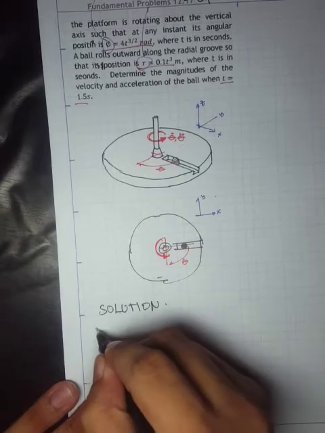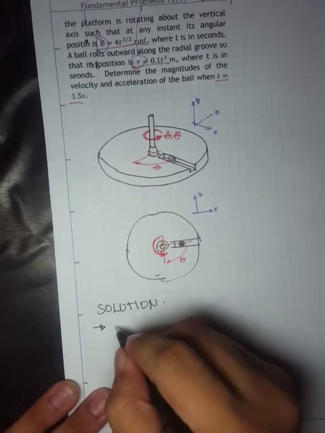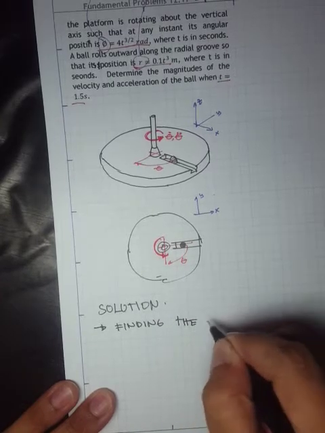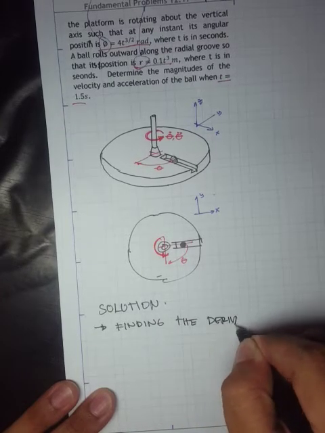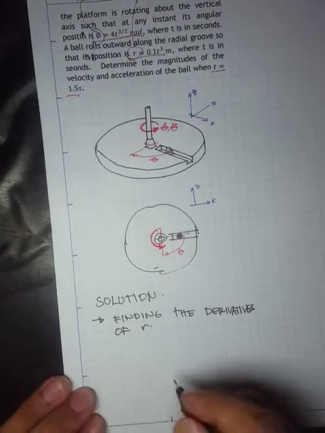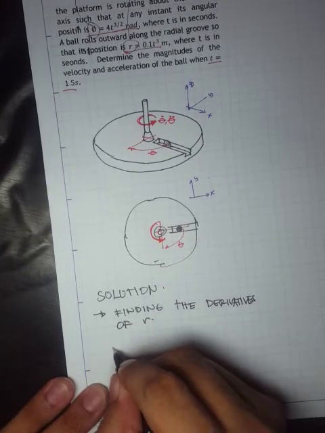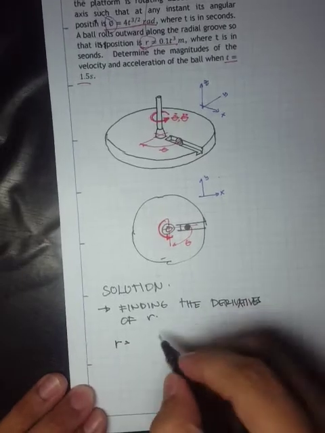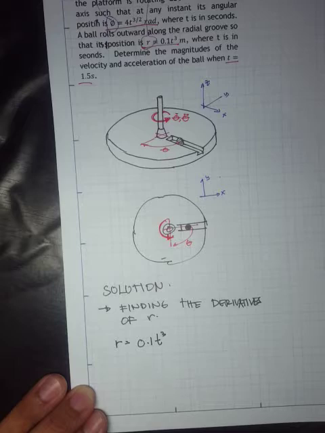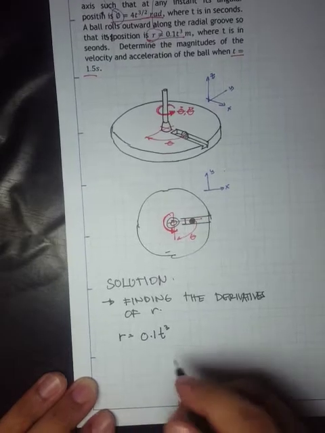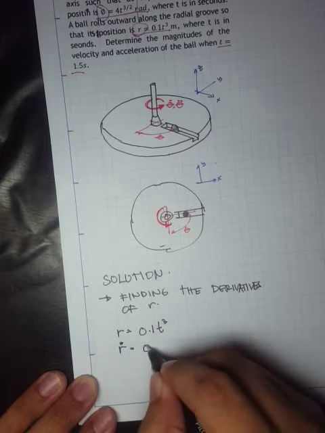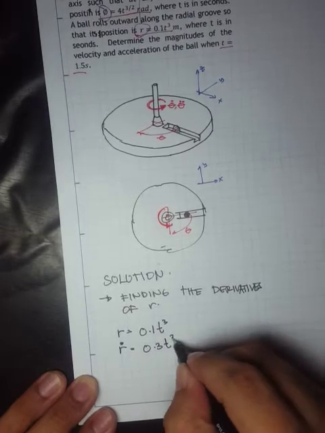First, finding the derivatives of r. Our r is equal to 0.1 t cubed. Now let's take the r dot. So r dot is just 0.3 t squared.